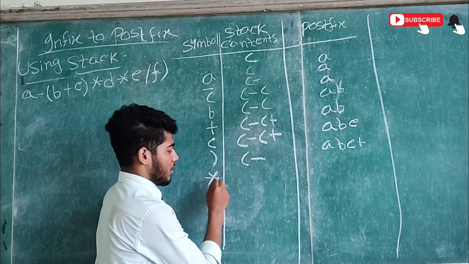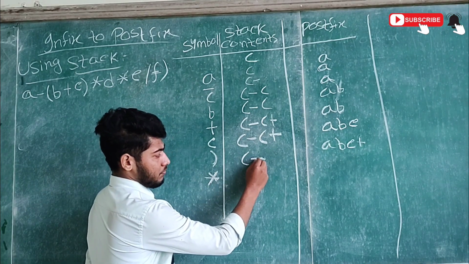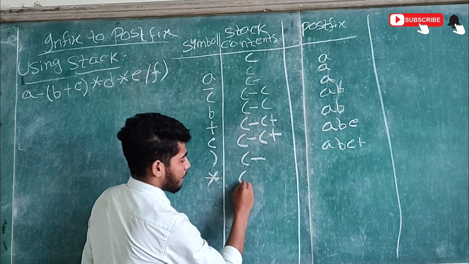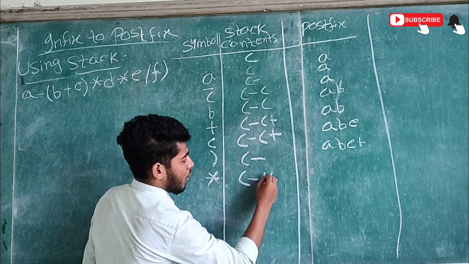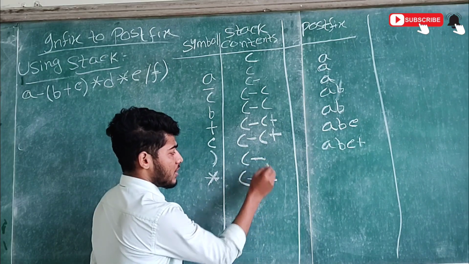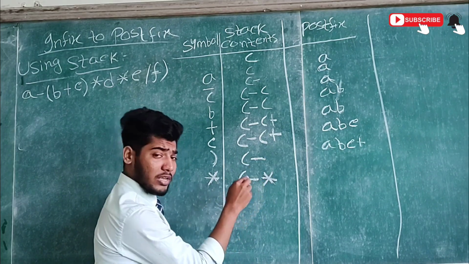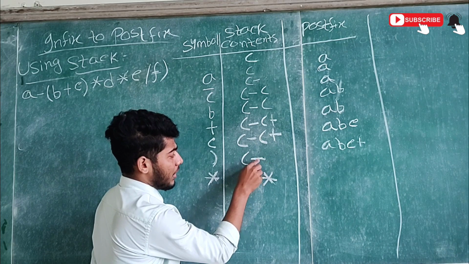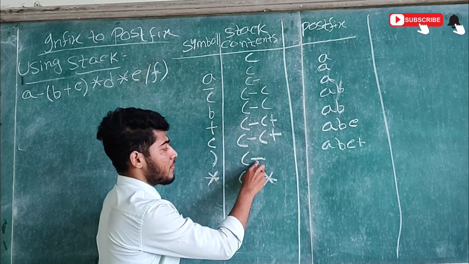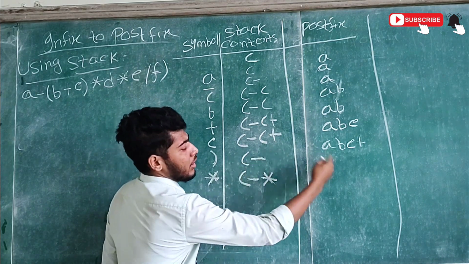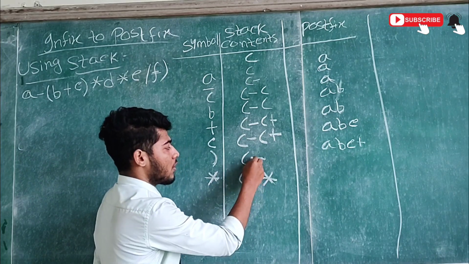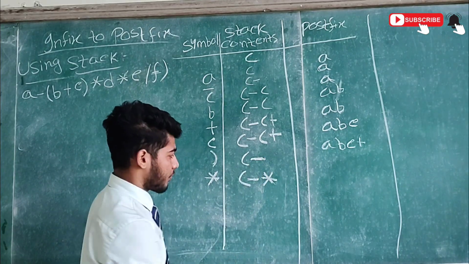No. This is not a higher precedence, so it will directly be added to the array stack. Top is always pointing to the highest precedence operator. But if there is a multiply on the stack and the scanned symbol is minus, then multiply will be removed from the stack and added to the array postfix, and minus will come here. But now this is correct.